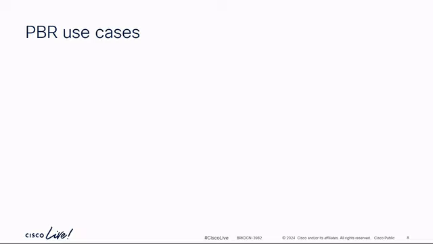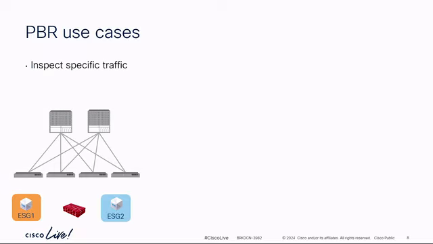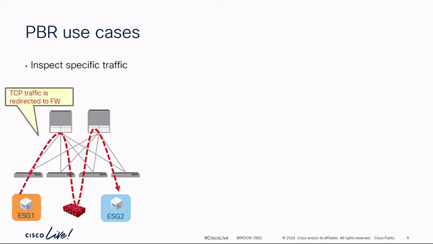We can think of other use cases. As I mentioned, contract is based on source, destination, and filter. This example is based on filter-based redirection. Let's say you have TCP traffic to be inspected by firewall, so that you can just permit other traffic going on if you don't care about stateful inspection that much for that traffic.